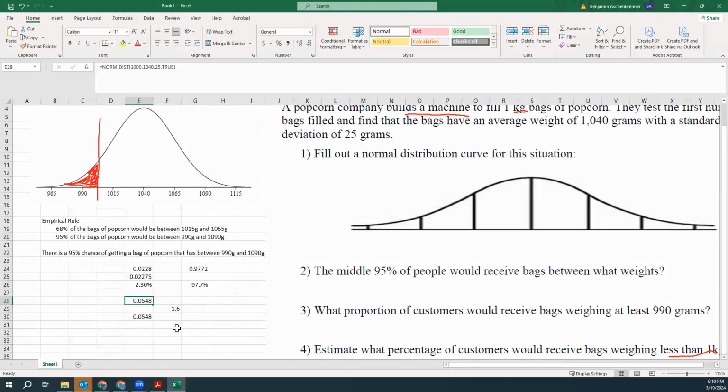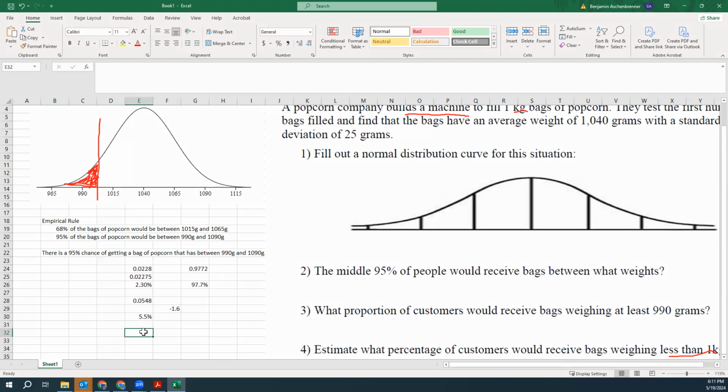Again, I always like to contextualize this with a percentage. If I turn this into a percentage, we're talking about 5% or 5.5%. What if the company said that's too big a percentage, and I'm willing to accept that only 1% of people are going to get less than 1,000 grams?